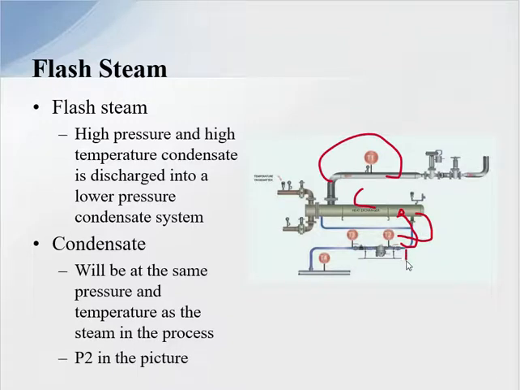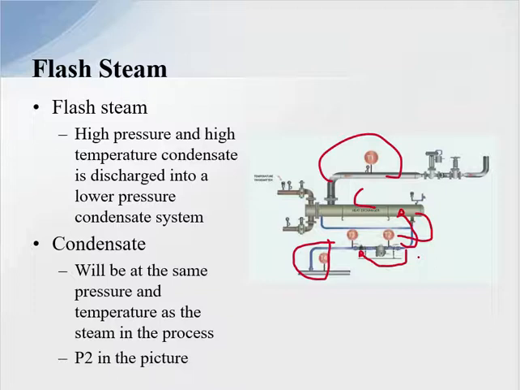When the condensate passes through the drain device, control valve, or steam trap, it sees a lower pressure here in the return system. The higher temperature condensate cannot exist at the lower pressure, so it has to get its temperature down to the lower pressure saturation temperature correlation.